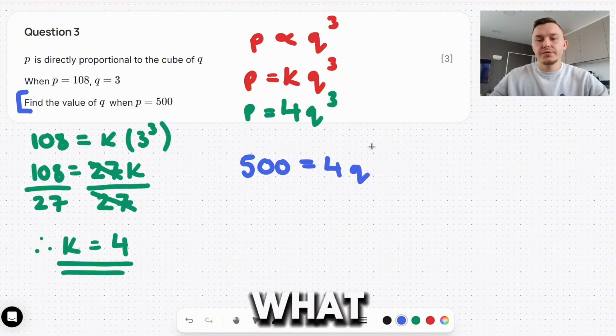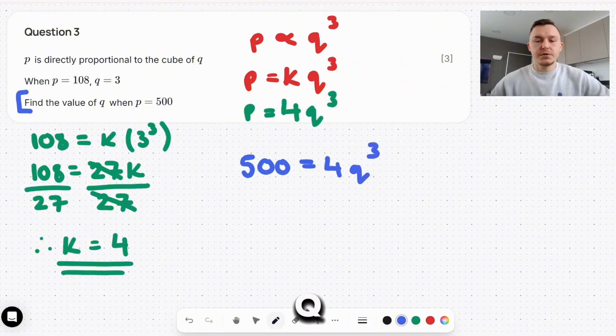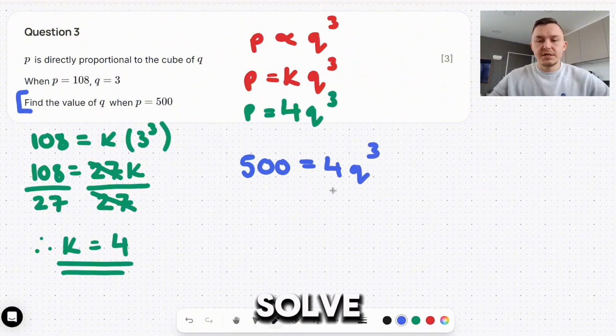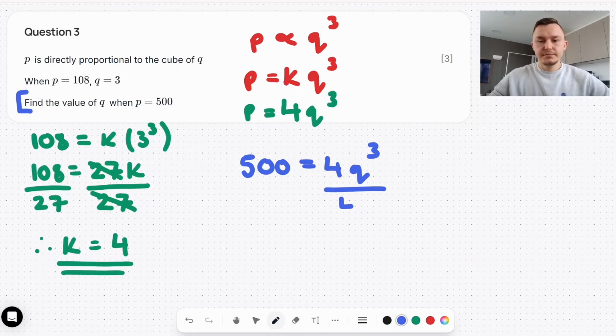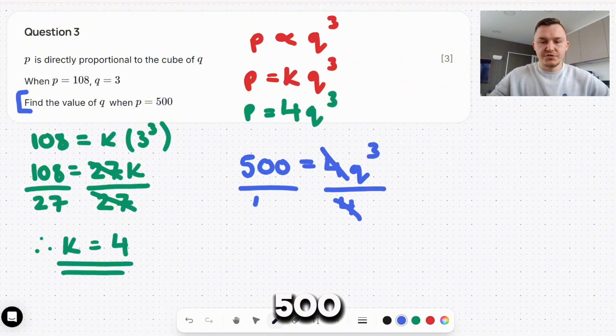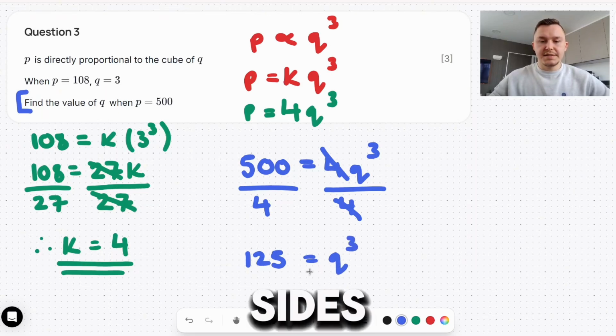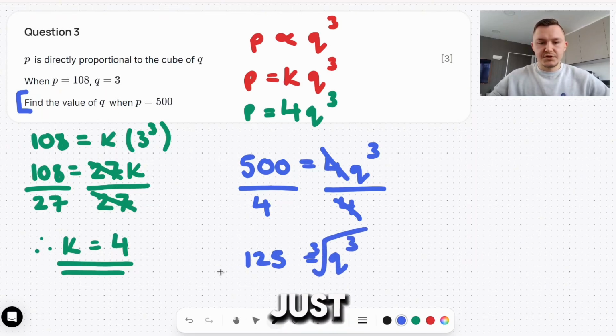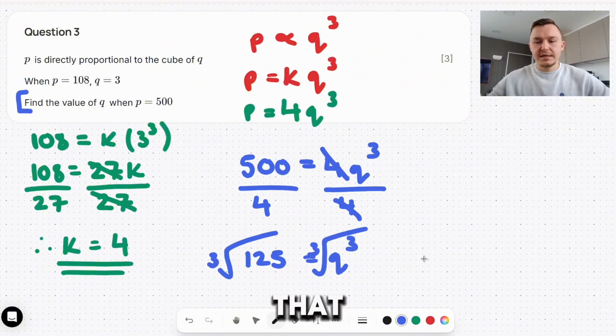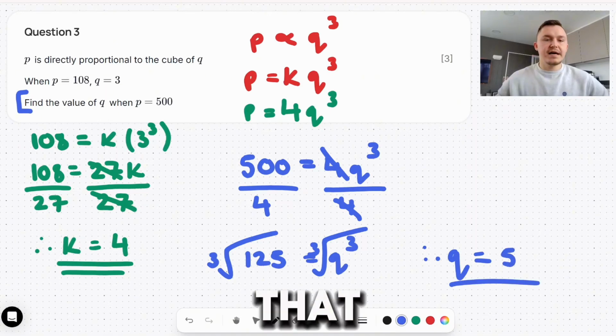We don't know what Q is, so we're going to leave that as Q cubed. And now I'm going to solve. So divide both sides by 4. That gets rid of this 4. 500 divided by 4 is 125, is equal to Q cubed. And then cube root both sides to get just Q on its own. And that tells me that Q is therefore the cube root of 125, which is 5. And that would be my answer here.